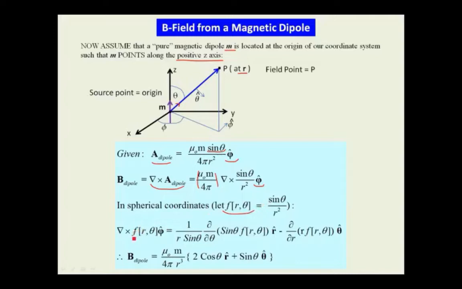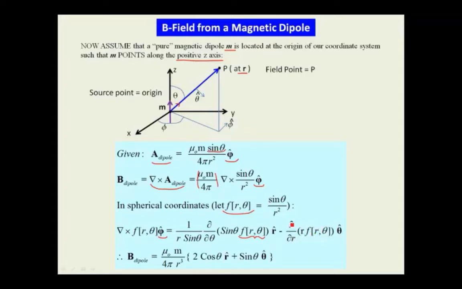You look up the curl of a function, and the function has a phi component, and so what you find is 1 over r sine theta, partial with respect to theta of sine theta f of r and theta. All of this is the r component of the curl, and then the theta term is minus 1 over r, partial with respect to r of r times f of r and theta.